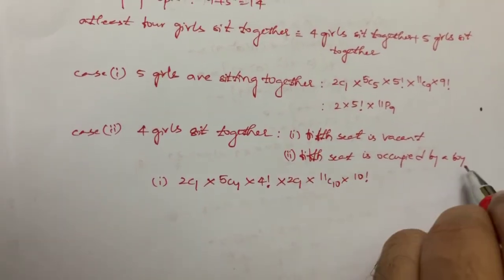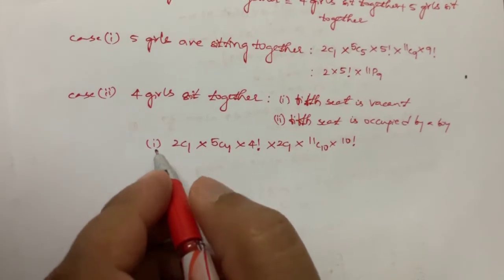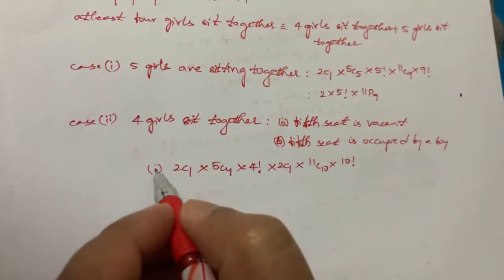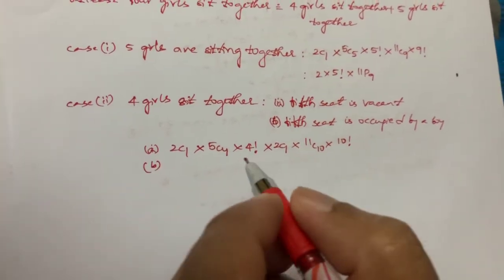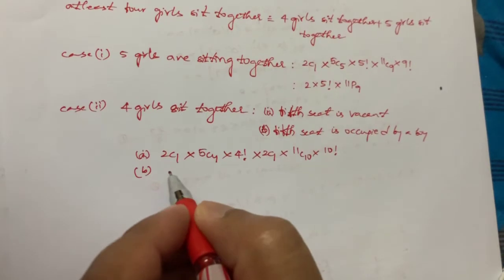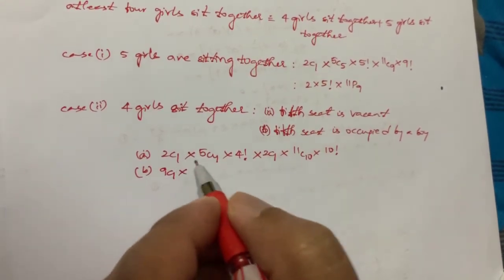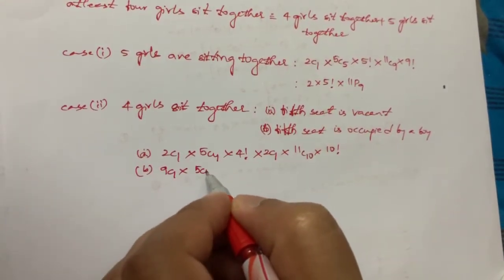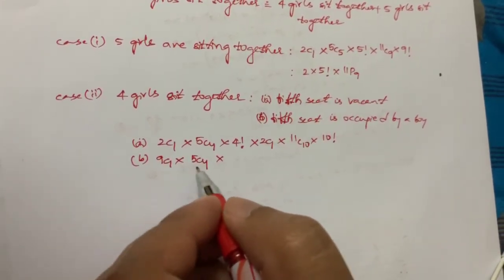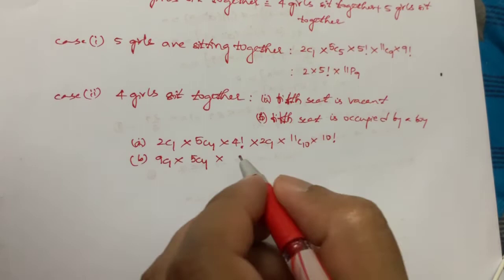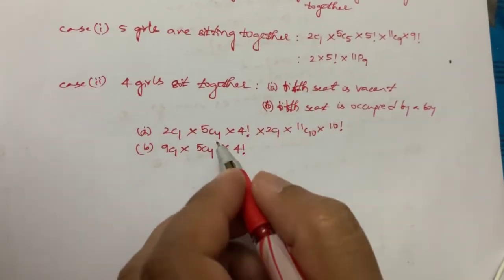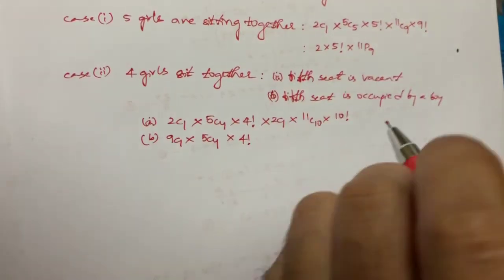And if the fifth seat is occupied by a boy, first consider a boy, 9C1, and then select 4 girls from 5, 5C4, and the girls can be arranged in 4 factorial ways, because 4 have to sit together.